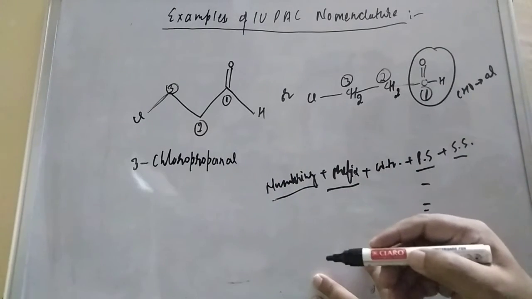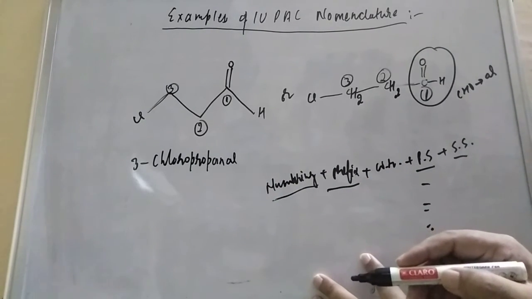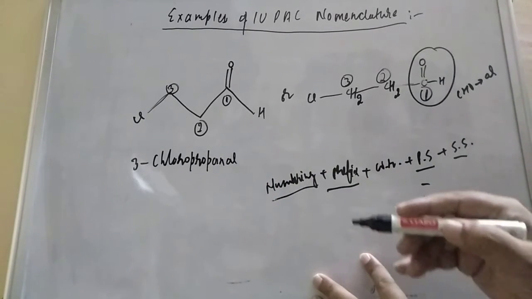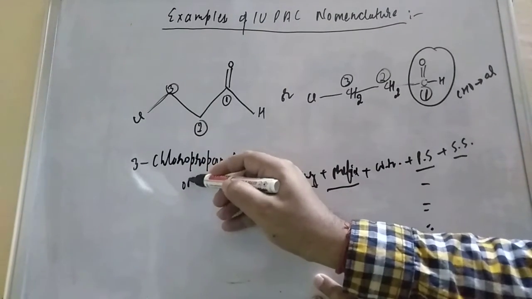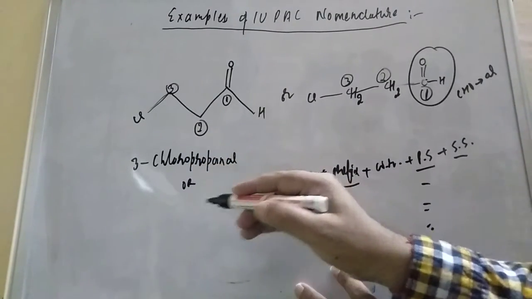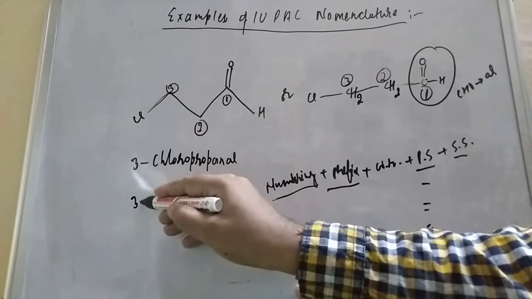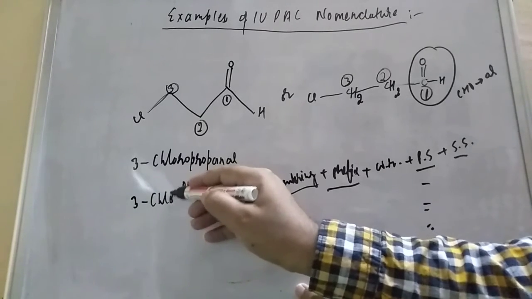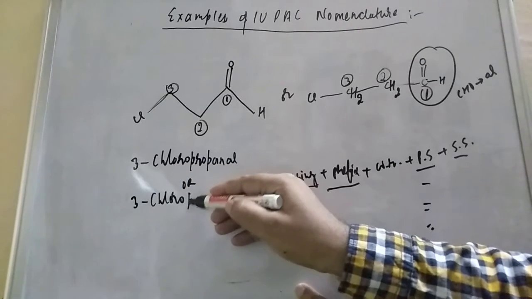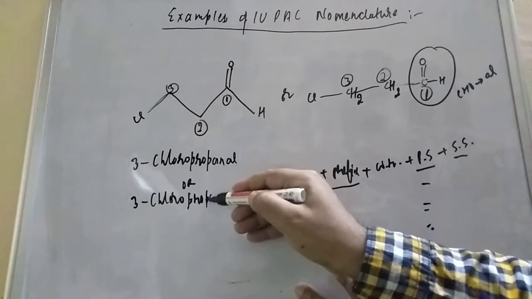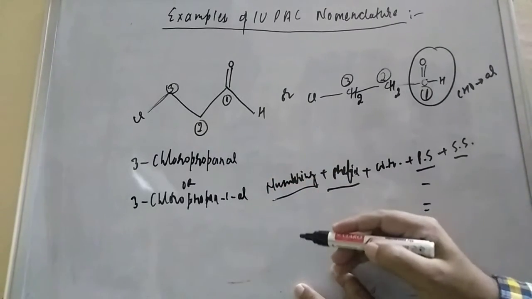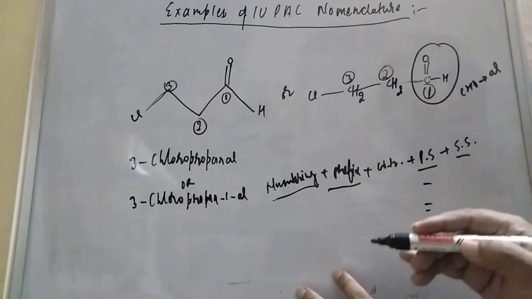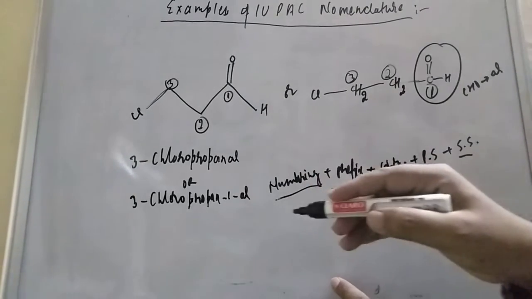So that is the IUPAC name of the compound, 3-chloropropanal. And the same name can be written with the position of the functional group, which is also a correct name, 3-chloropropan-1-al.